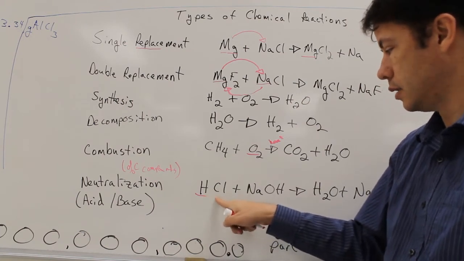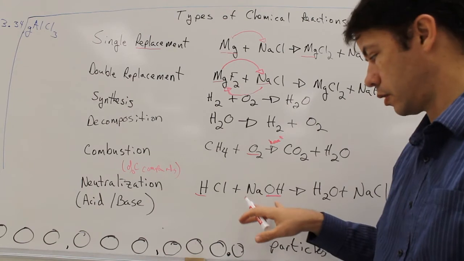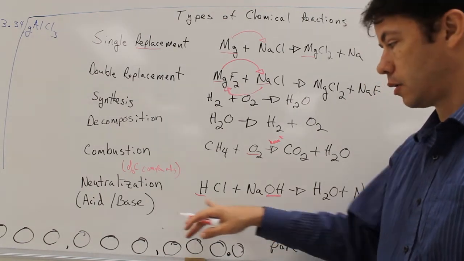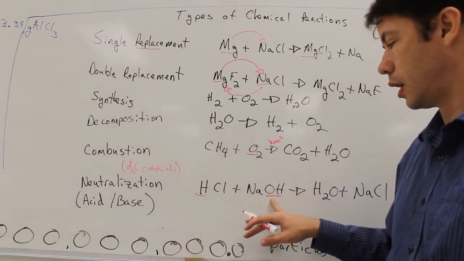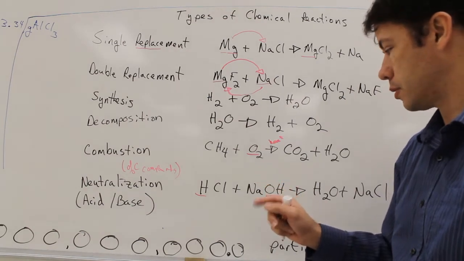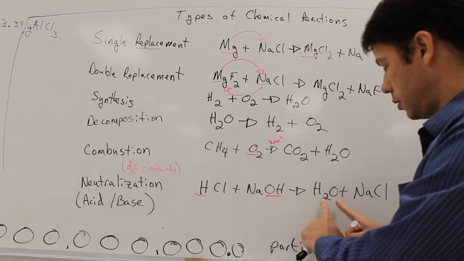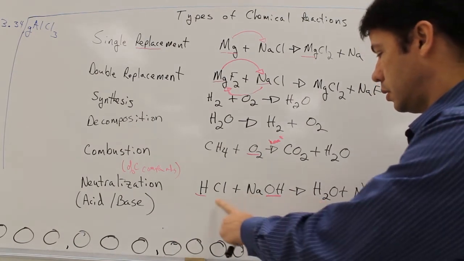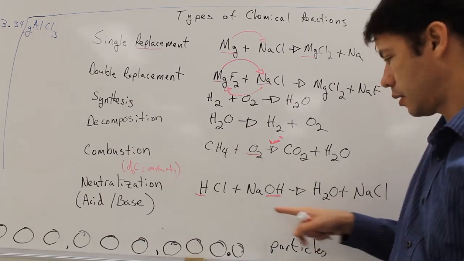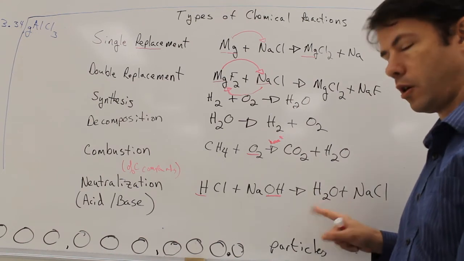Bases, for now, since there are other definitions, end with hydroxide. So if we have something that starts with hydrogen and something that ends with hydroxide, it's a neutralization reaction. What happens? We always get OH plus H yields H2O, and then we get the salt, NaCl. So a neutralization reaction produces salt plus water.